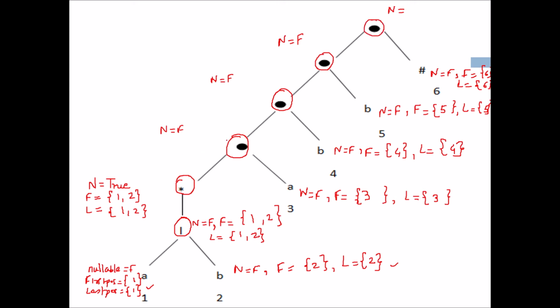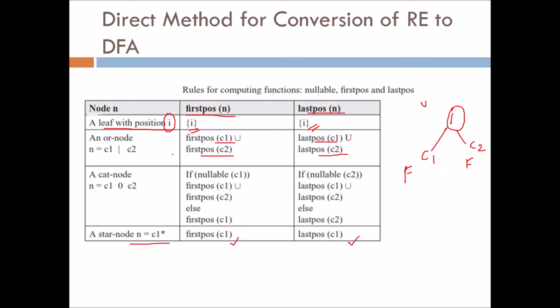Okay, so let us first consider this first cat node and find what will be the firstpos and lastpos value here. Now if you see for cat node, you have to check the value of nullable of the left child. So if nullable of left child is true, so if this value is true, then we take a union of left and right child values.